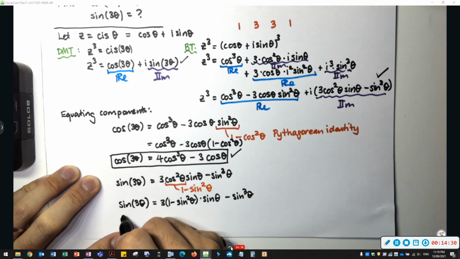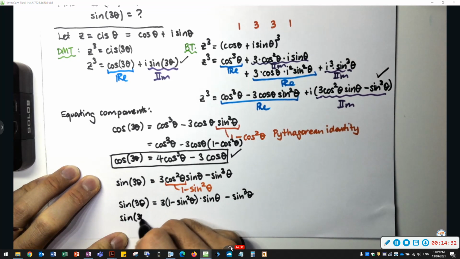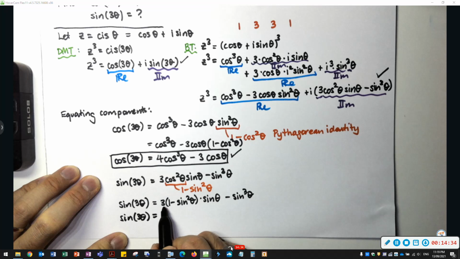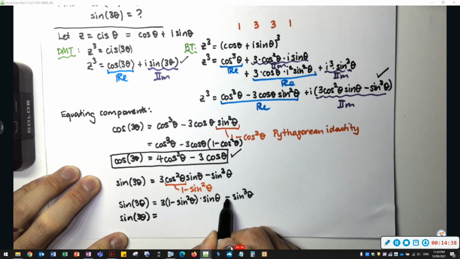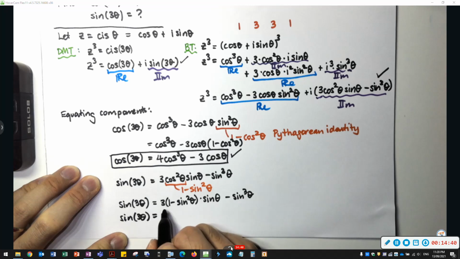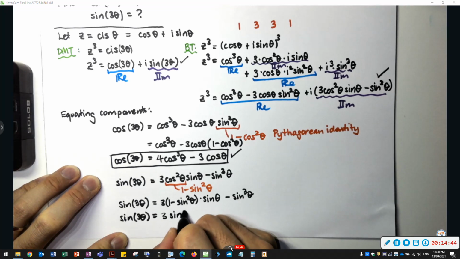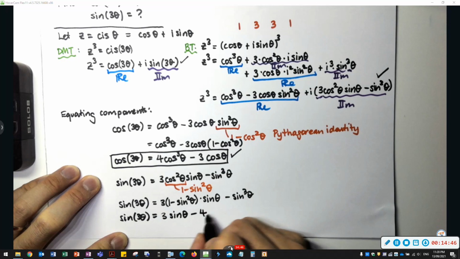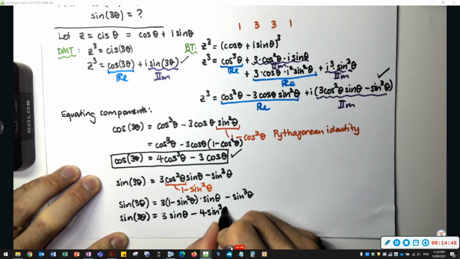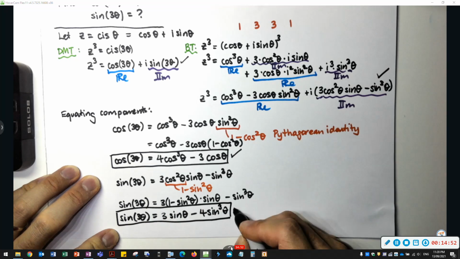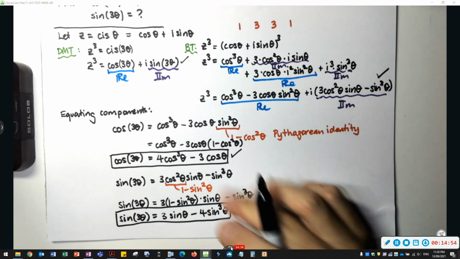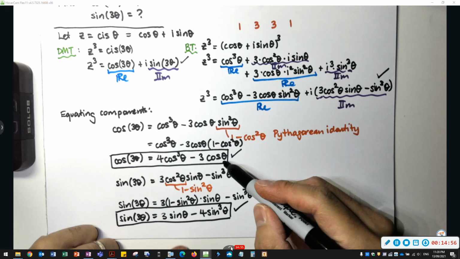Okay, and then finally let's put all the cube terms together. So negative 3 sine cubed, and then minus another 1, and this is just 3 sine theta. So I've got 3 sine theta minus 4 sine cubed theta. Great. And what's amazing is it looks very similar, like there's anti-symmetry between the two.